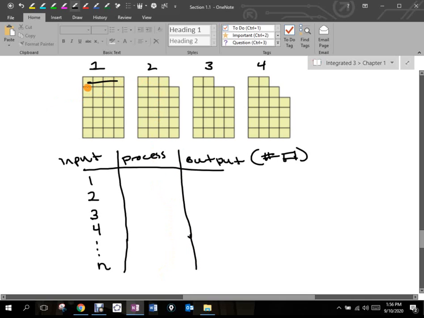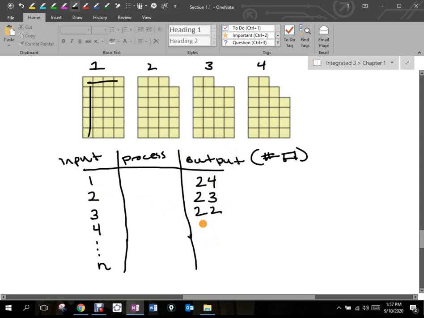So we got 4 by 4 by 6. So 1 gives me 24, right? 2 is then going to give me, just removing one block here. So second figure is going to have 23. Third figure has 22.